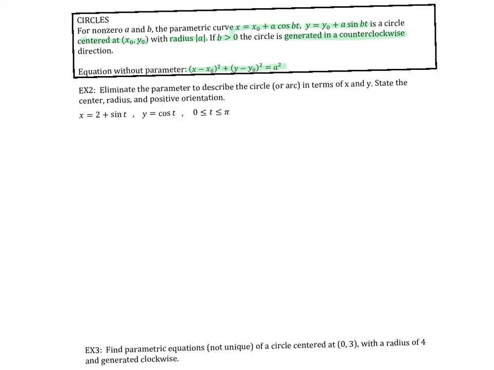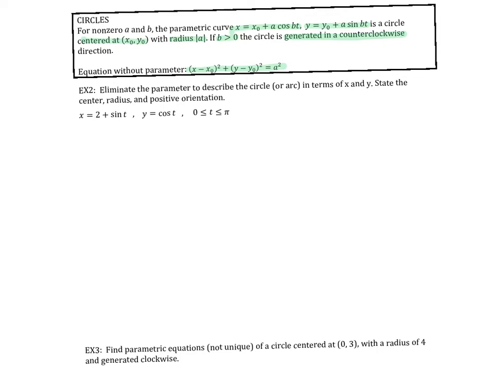Another way that you can change the direction is changing your b value. If your b value is positive, change it to a negative. The interesting thing about these parametric curves is that they're not unique. There's infinitely many parametric equations to describe the same curve.